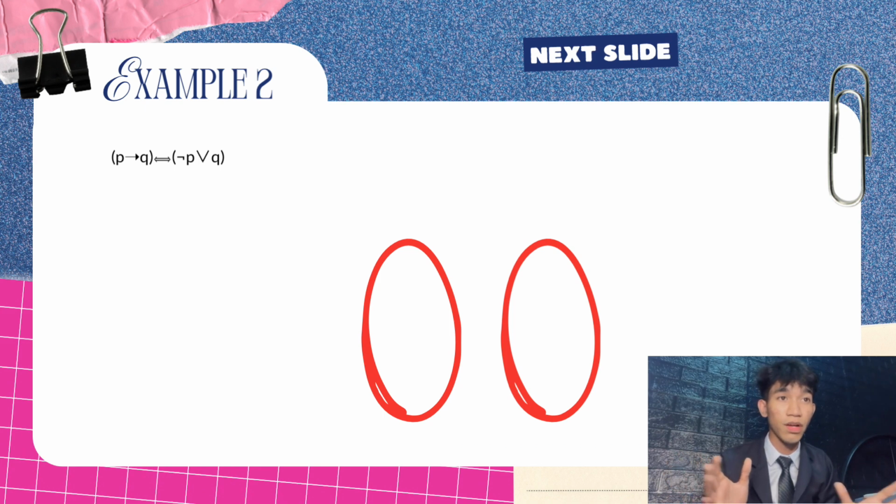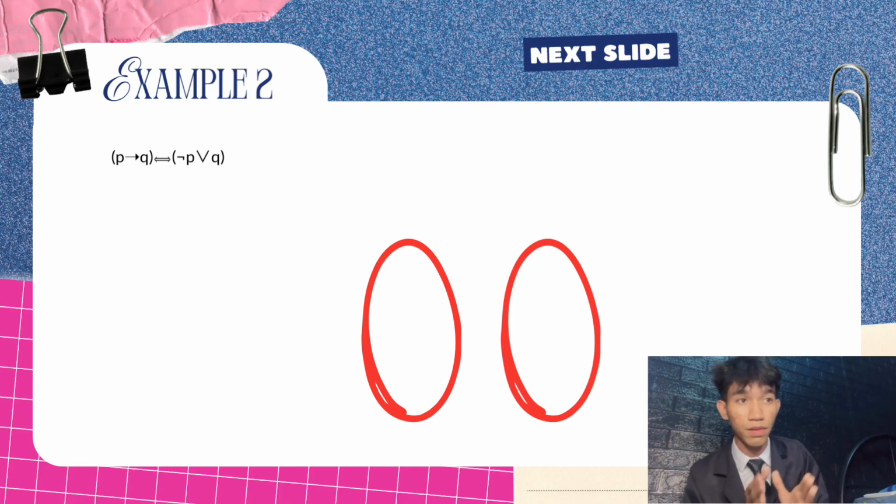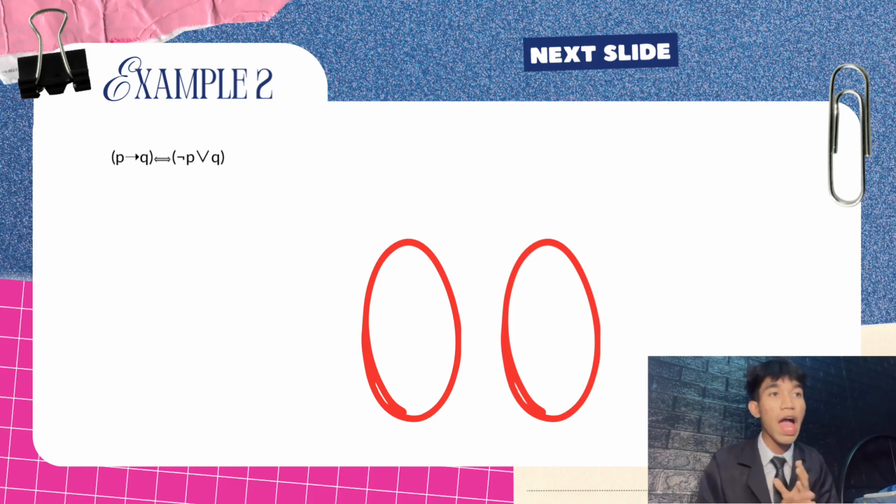For example 2, we can prove that P implies Q is equivalent to negation P or Q. As we can see here, P implies Q and negation P or Q have the same truth value, which is true, false, true, true. So this is logically equivalent. But if the true, false, true, true were in other positions, like true, true, false, true, then that is not equivalent.